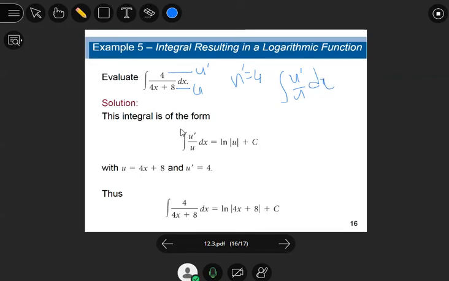We can use this formula and directly write the answer as ln modulus of u plus c. Your u is this one, so finally it becomes ln modulus of 4x plus c, plus a constant.